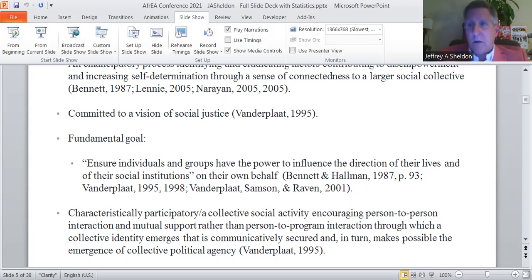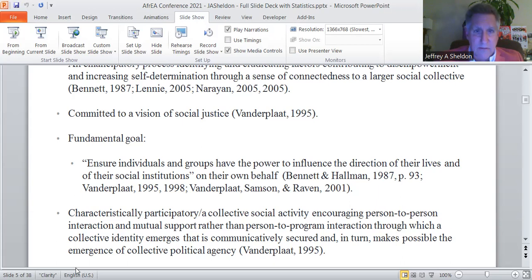So basically what you're doing is taking individual empowerment, and a social intervention will foster empowerment and self-determination in individuals, but then it coalesces all that individual empowerment, this feeling of self-determination, and melds it together collectively so that there's political agency, which means that people can influence the political structures, like I said, that continue to oppress and marginalize people.